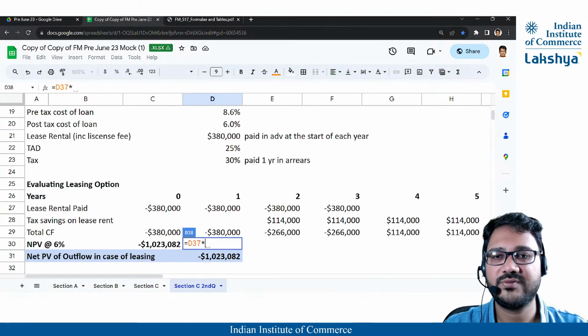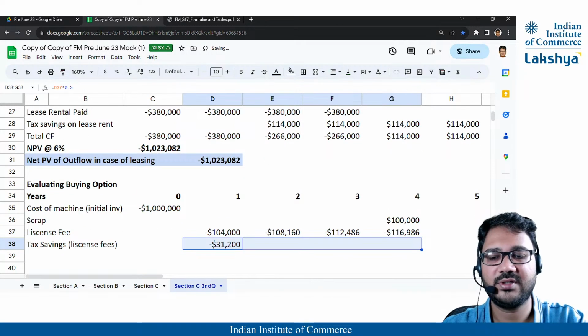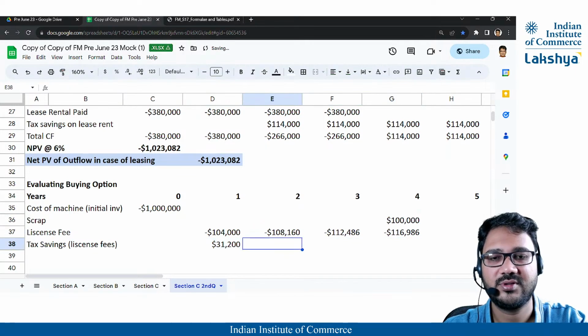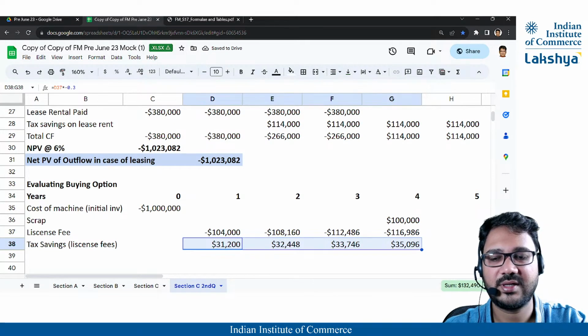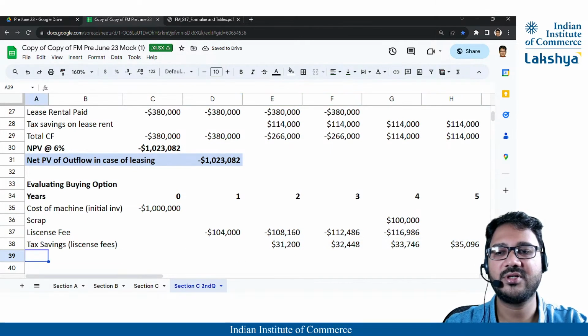What's the tax rate? I forgot, 0.3. We are saving. This is not a negative figure, it's a savings, so it will be positive. Okay, but 1 year in arrears. All right, so 1 year in arrears are tax savings on license fee.